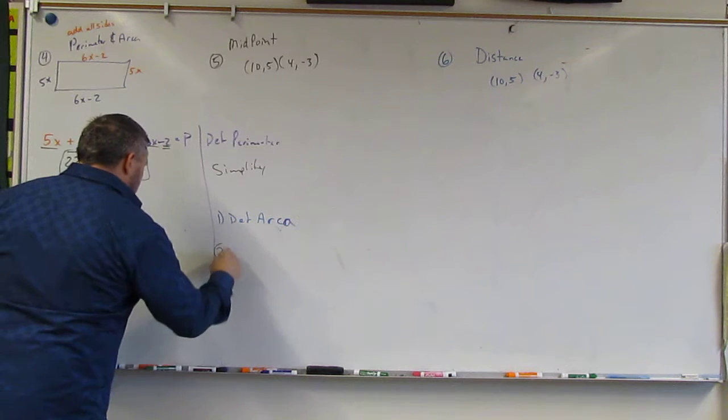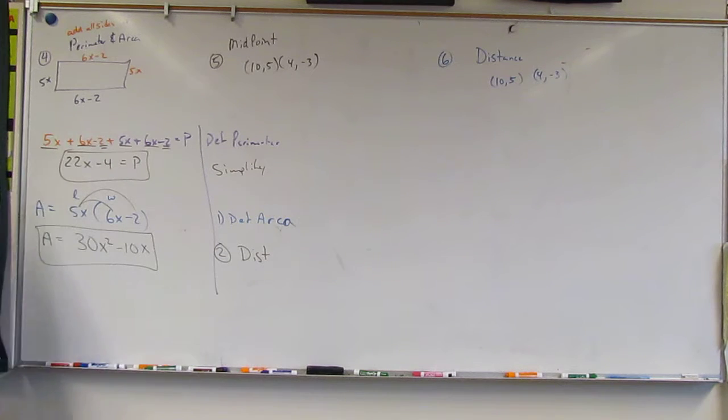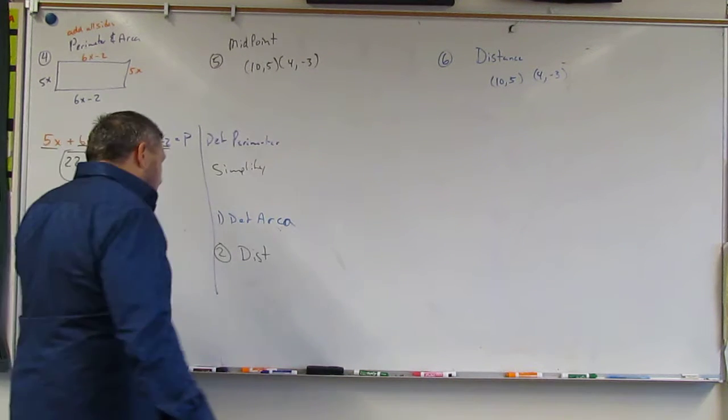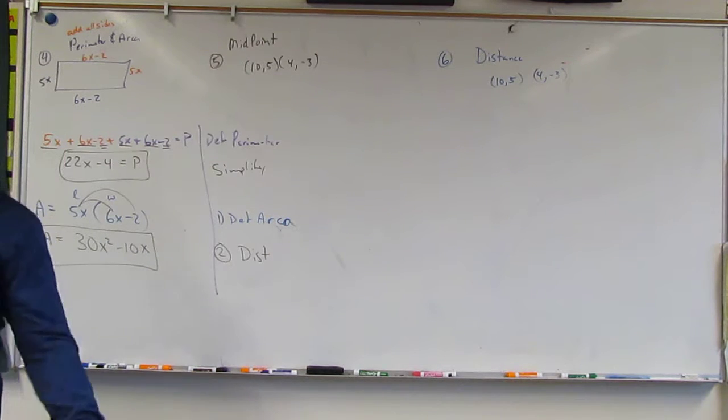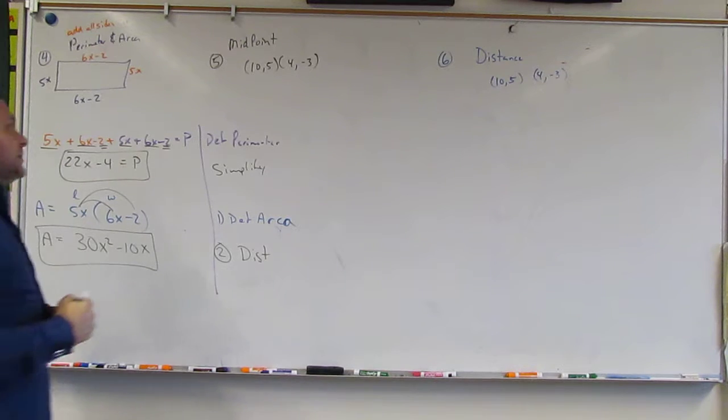Could be. It kind of is, but it's called distribution. Okay? That's simple. It's easy. It is simplifying, it's a type of simplifying. But in geometry we use distribution because we're distributing.